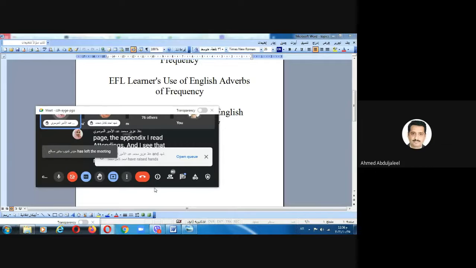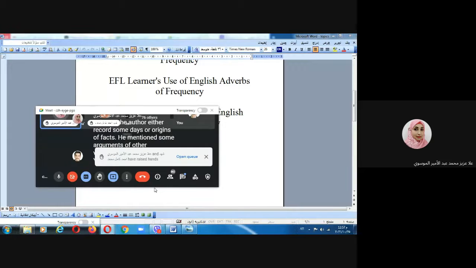He mentions some arguments of other specialists, and sometimes the author himself presents his argument. So where do we exactly present our arguments, in the appendix or in the material?